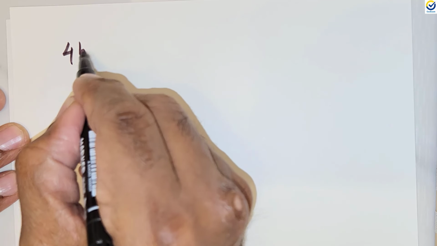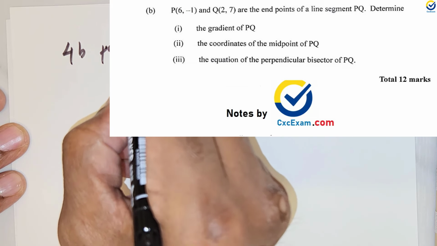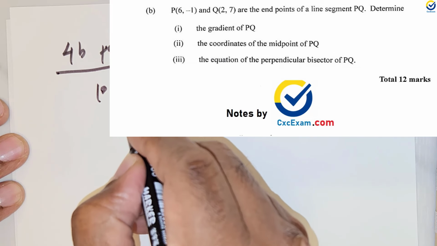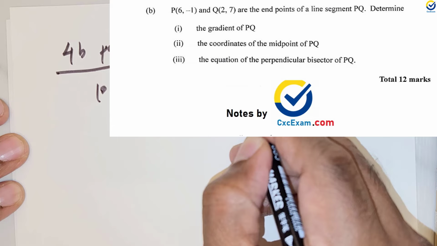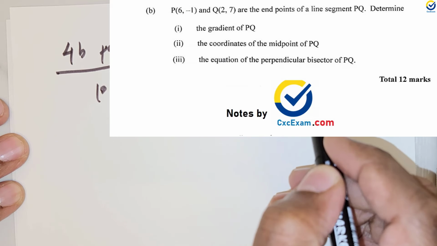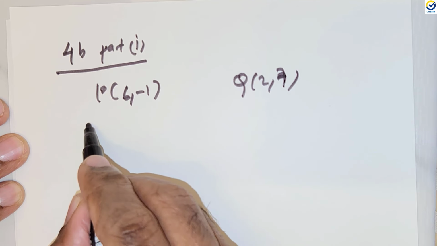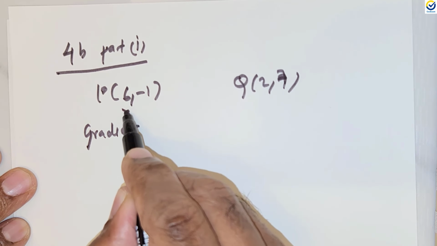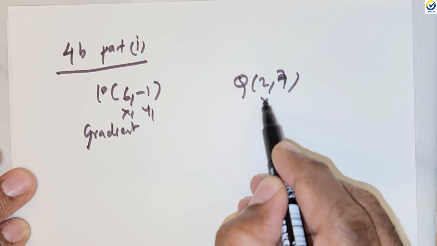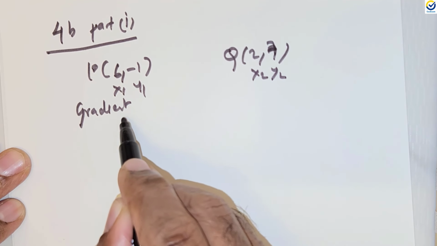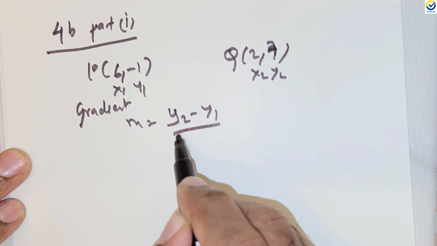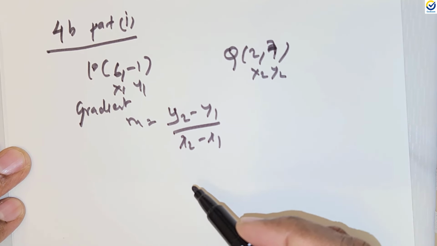Let's move on. Now this question is 4b part 1. We have been given P(6, −1) and Q(2, 7). We are asked to find the gradient. I'm going to take these as x1, y1, x2, y2. Gradient is given by the formula m = (y2 − y1)/(x2 − x1).